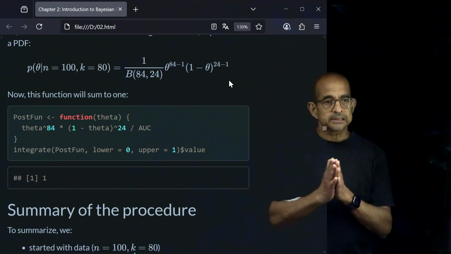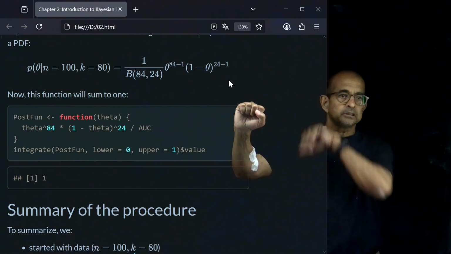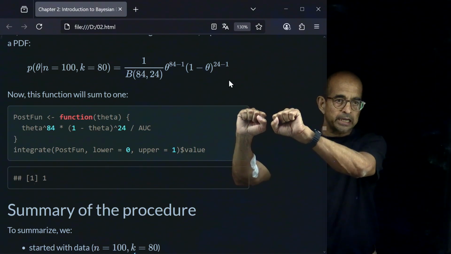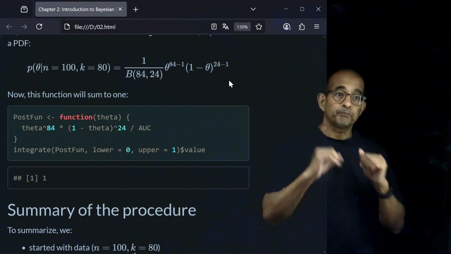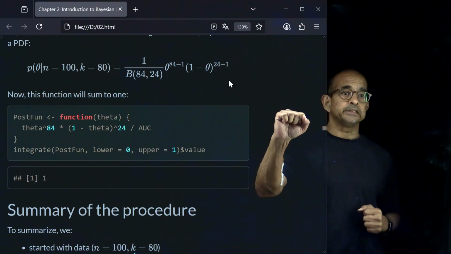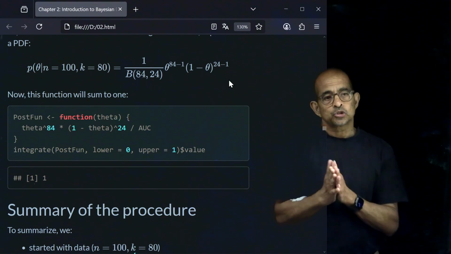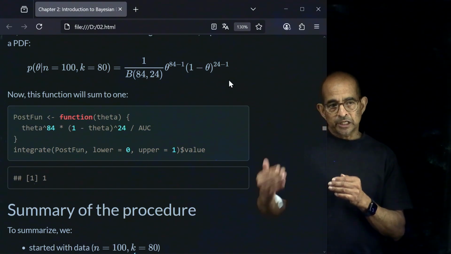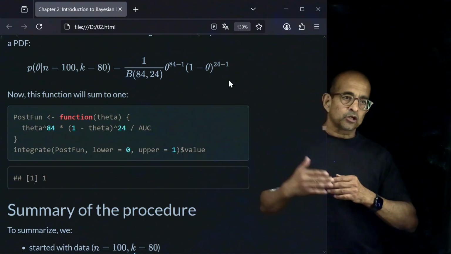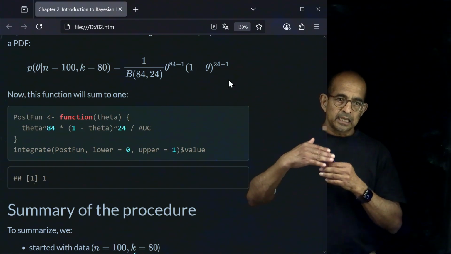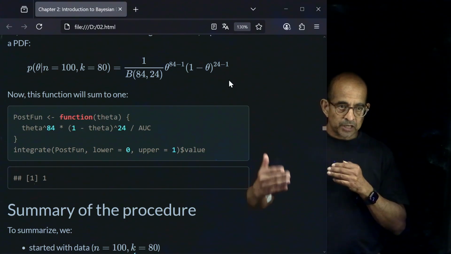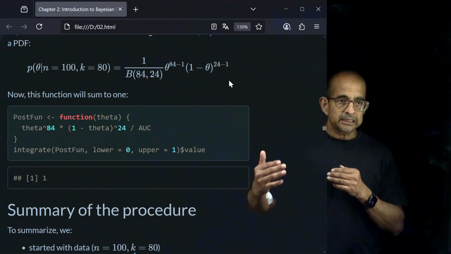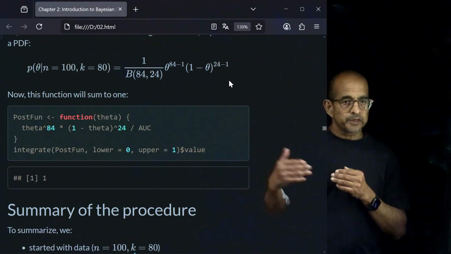So what happened is I started with a binomial likelihood, I multiplied with a beta prior, and I got back a posterior distribution that's also a beta. So that's why this particular example is called the beta binomial conjugate case. Conjugacy here means that the form of the prior is going to remain invariant when you get to the posterior.